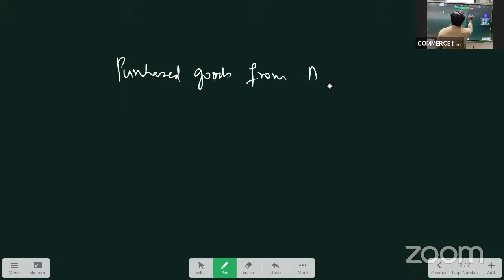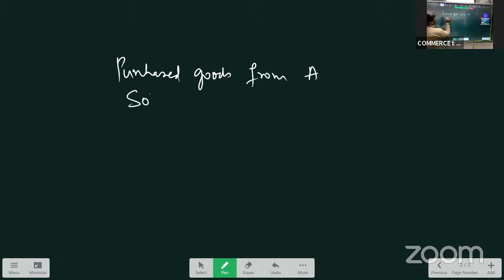I'll explain with some points to identify whether the transaction is a purchase return or a sales return. First, if it is given as purchased goods from A, it will be recorded in purchases book.